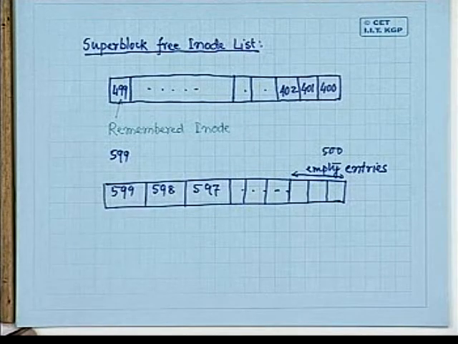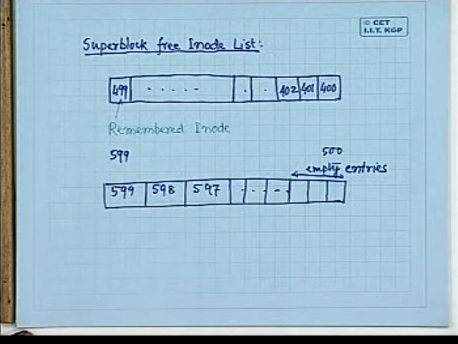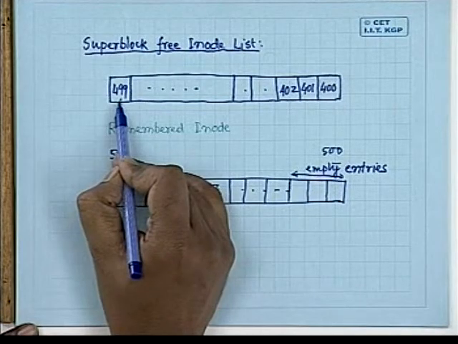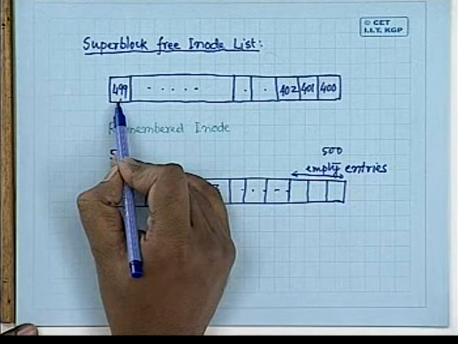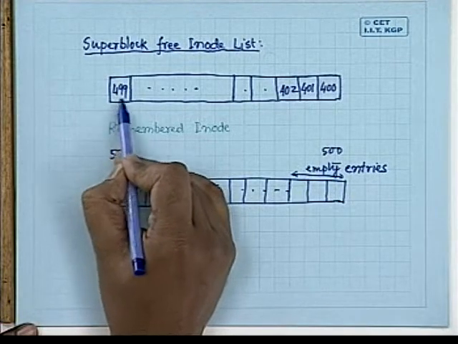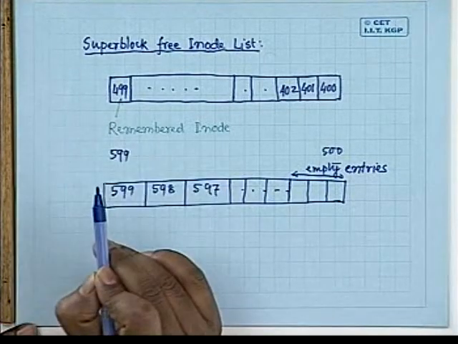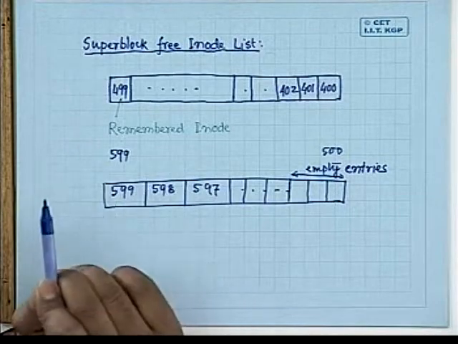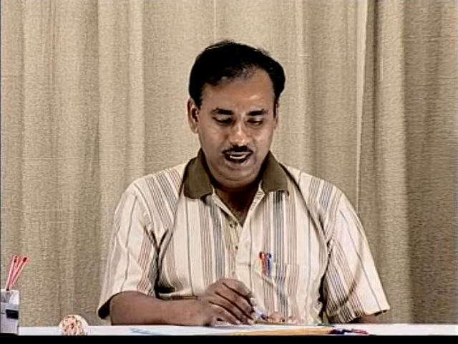If the new inode which is becoming free has a number less than the remembered inode, you simply replace the remembered inode by this new inode. If the number is more, then I don't have to touch the superblock free inode list. I simply mark it as unallocated by setting its type field equal to 0 on the disk.